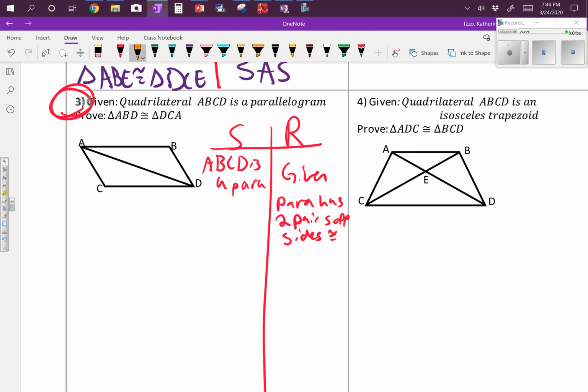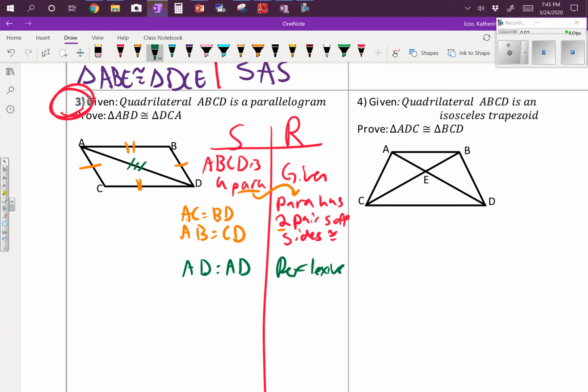So we've got parallelogram, definition of parallelogram, two pairs of opposite sides congruent. So that means AC is equal to BD. And it says two pairs, so because we've got two pairs, it also gives me AB equals CD, at which point I can say AD equals AD, reflexive, and we're done.